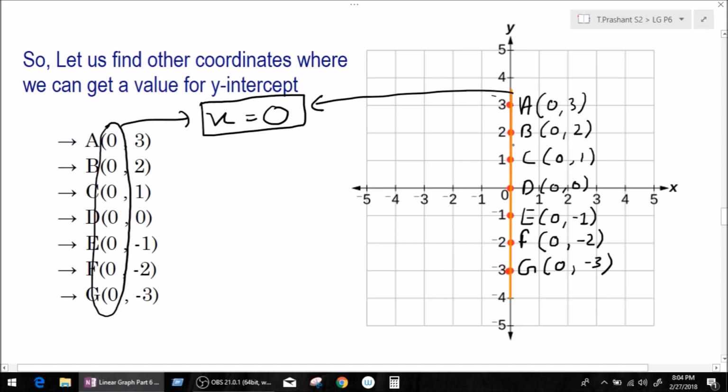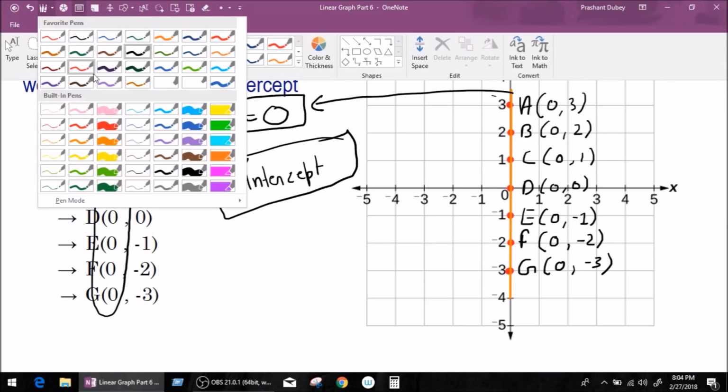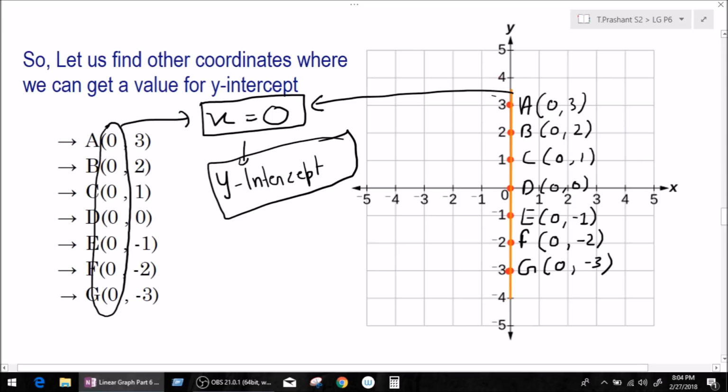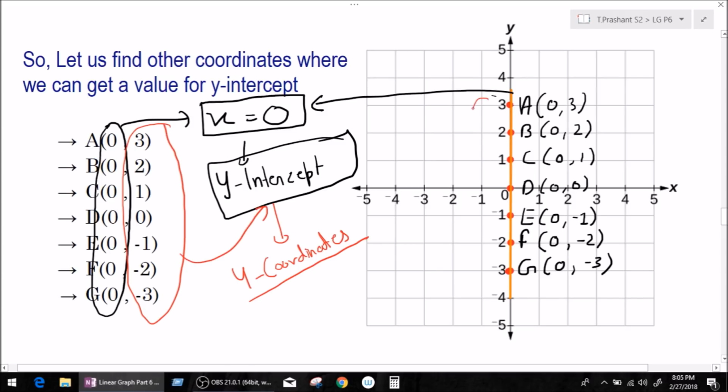So at every point on this line we will have a value for y-intercept. And what are those values of y-intercept? Those values of y-intercept are actually every coordinate plotted with x equal to 0. So all these values of y will be y-intercepts. So we have 7 points to represent a y-intercept.